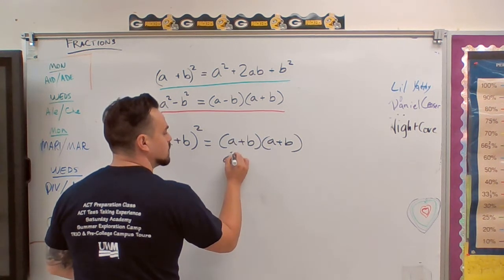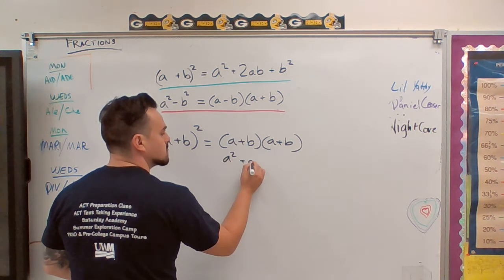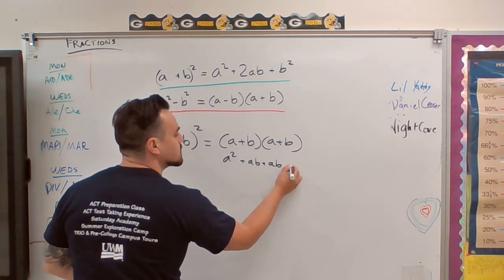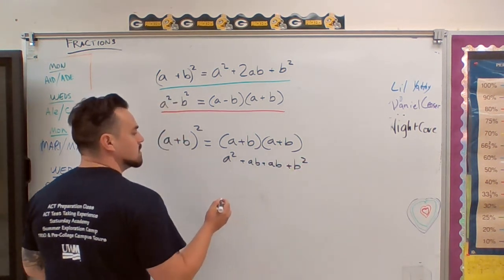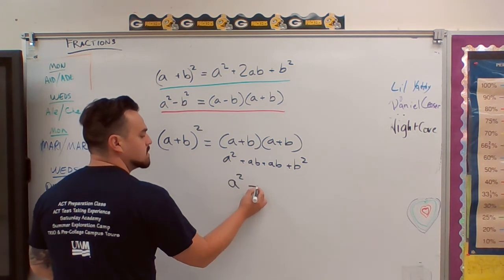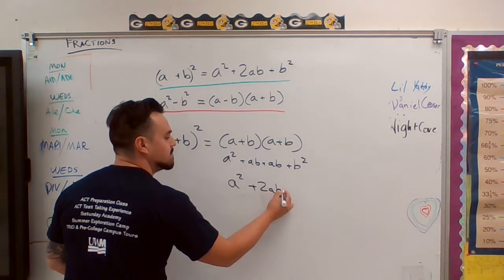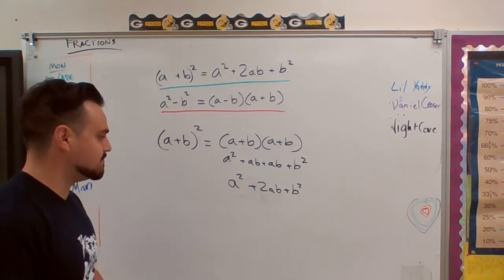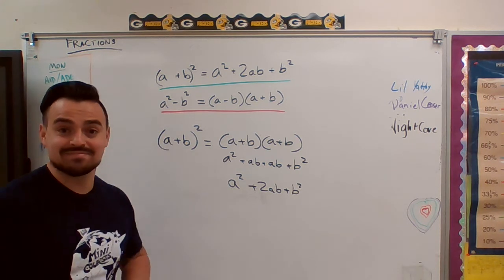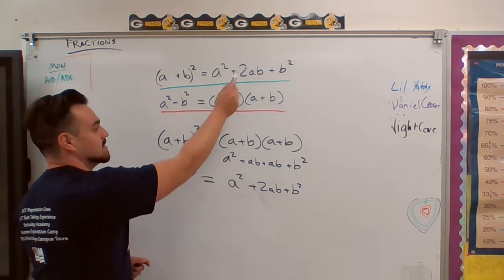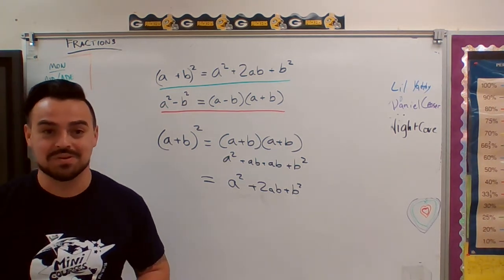That'll be a squared plus ab plus another ab plus b squared. This time they don't cancel out, they instead combine because there's 2 of them. A squared plus 2ab plus b squared. Cool. This is indeed what we have up there. So there you go.